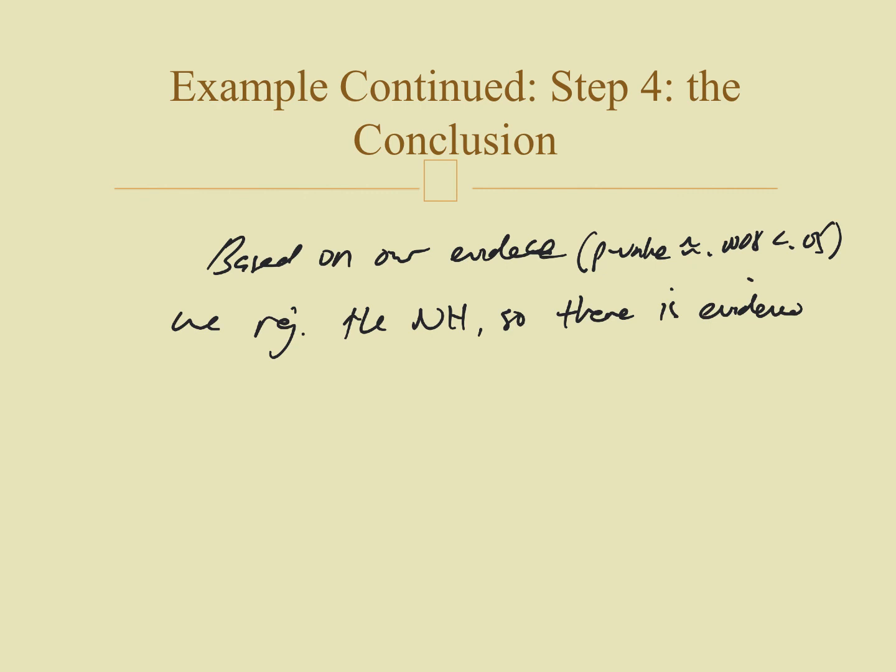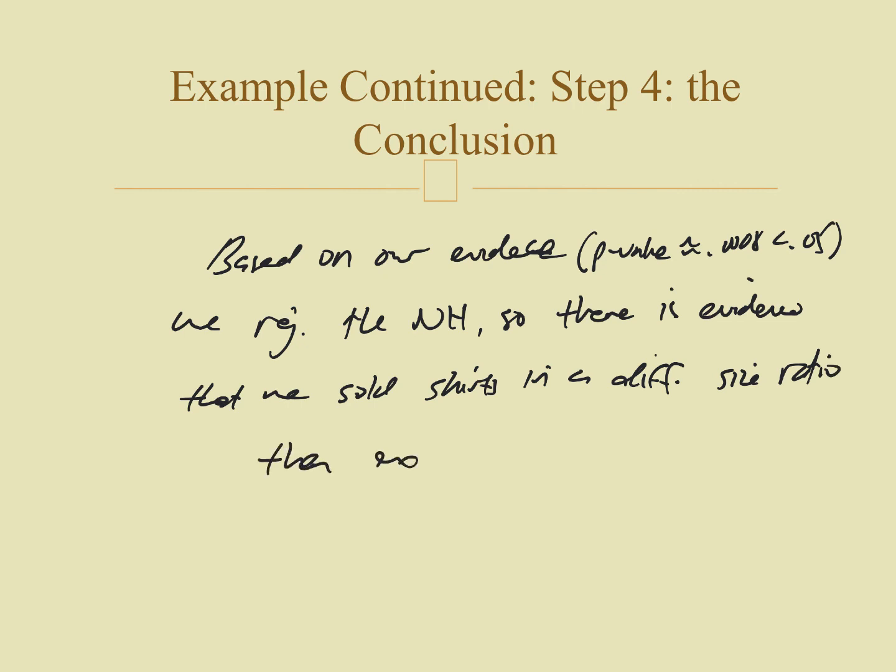But I'll say in this case, so there is evidence that we sold shirts in a different size ratio than expected. In other words, we expected to sell so many small, medium, large, and extra large, and we sold a different ratio of shirts, and so we probably should shake up our inventory breakdowns for the future.